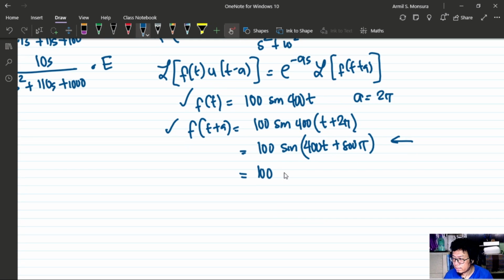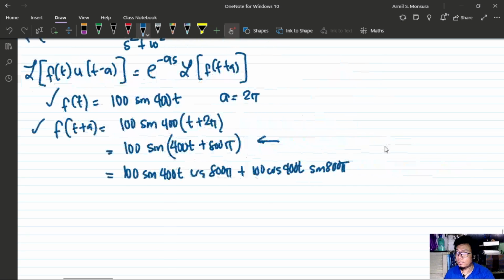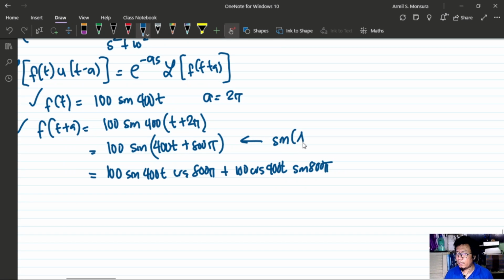This is 100 sine 400t cosine 800 pi, plus 100 cosine 400t sine 800 pi, for which we use the sum of angles identity, sine of a plus b, which is equal to sine a cosine b plus cosine a sine b.